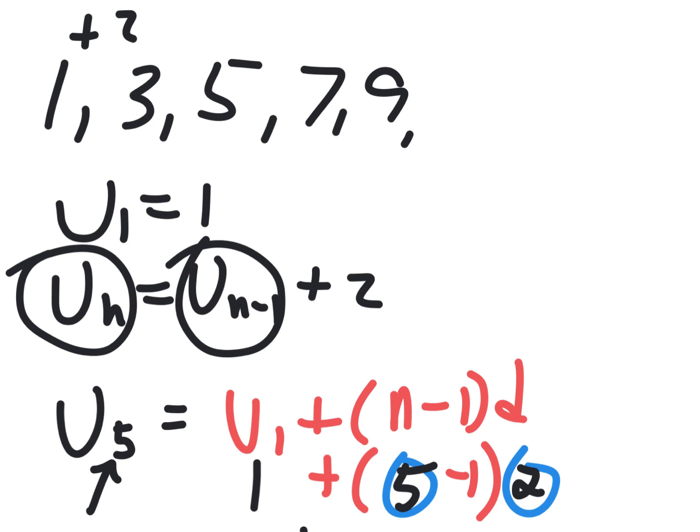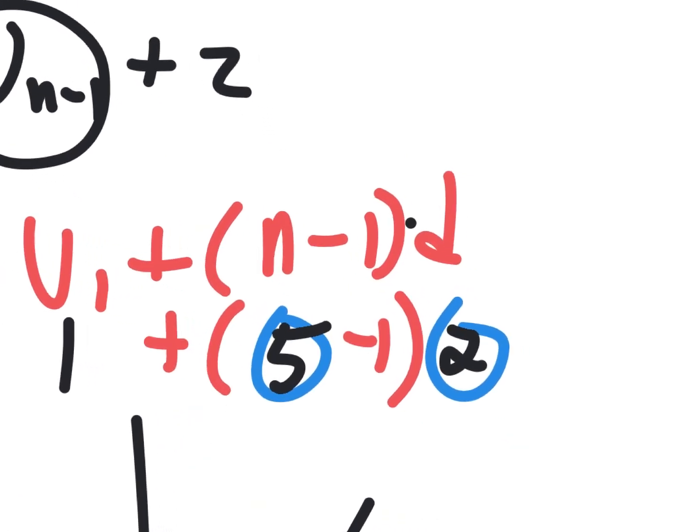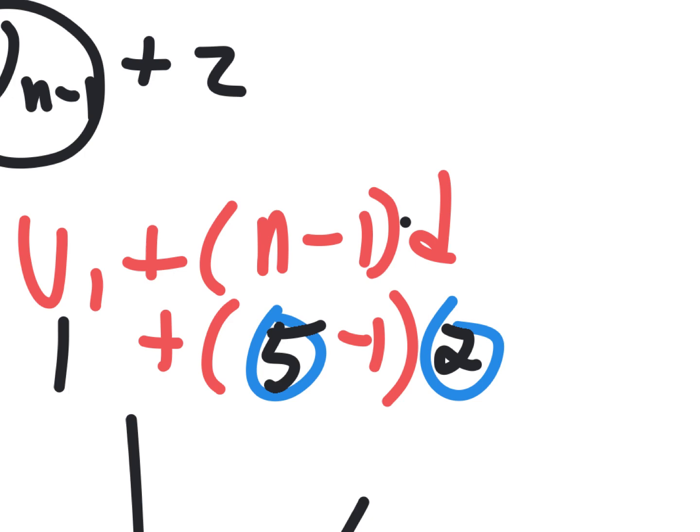Don't put a plus 2, though, because that will make it look like you are adding that d. Look at how it's times right there. That's a formula where you're going to times by the number you add each time. It is a positive 2, but don't put a plus or you're going to think you're supposed to add right there.